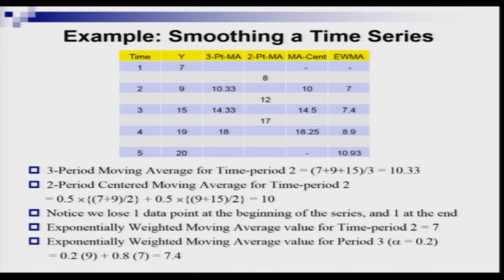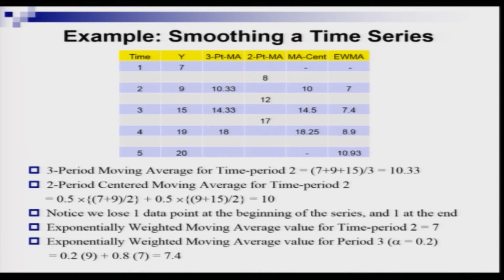But then how to calculate the EWMA for period 3 if you assume an alpha value of 0.2? What will you do? You have to go back to the previous time period, which is 2, and figure out the actual observed value of the time series variable y, that is 9.